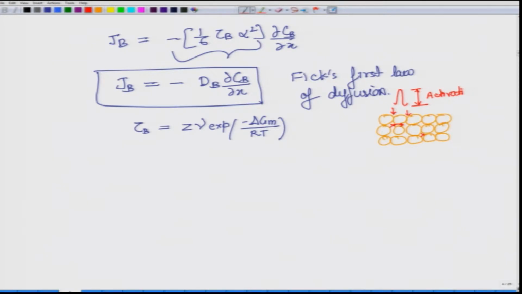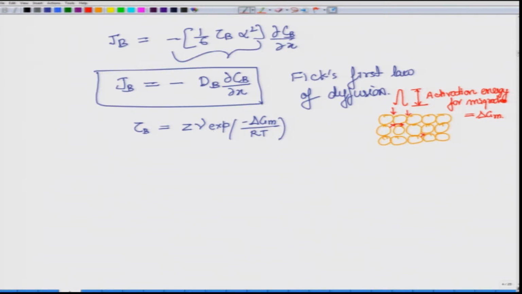So, this is what I have tried to schematically draw here, the energy plot when it moves from this position to this position. This is one minimum, this is another minimum, and it has to go through an activation energy, meaning it must be provided this much energy before it can migrate. This is the term delta g m, and we can therefore write it as some pre-exponential factor times exp of this delta g m.